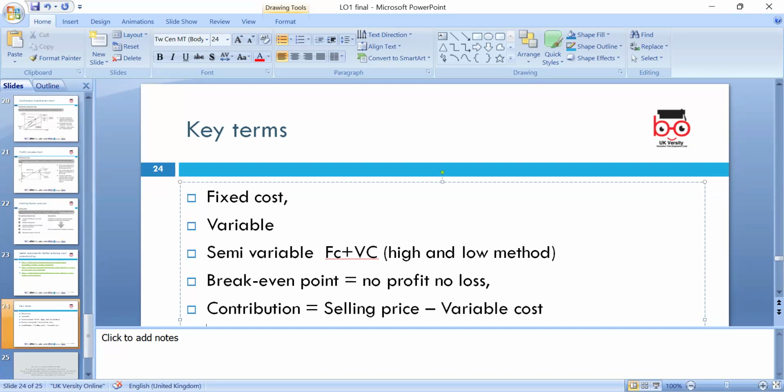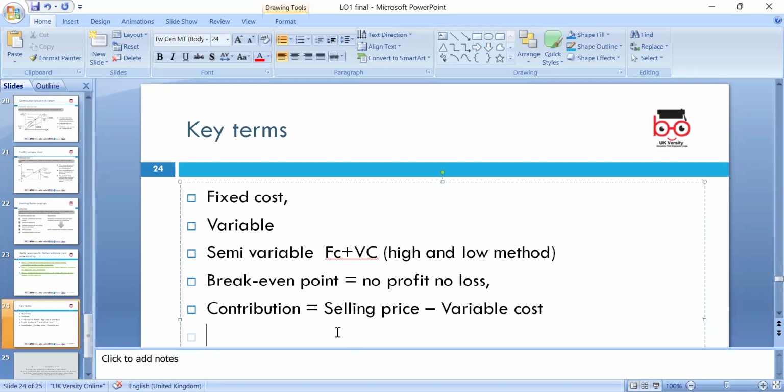And if I need to find break even in units, what is the formula? Fixed cost divided by contribution. So that's the way we can find it.